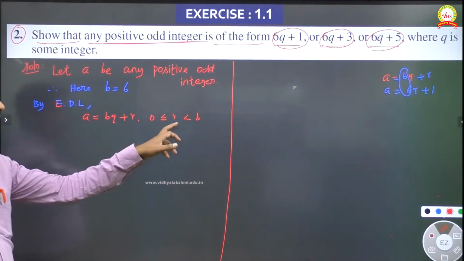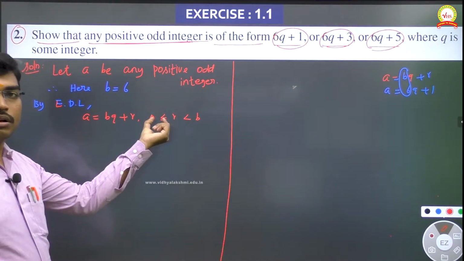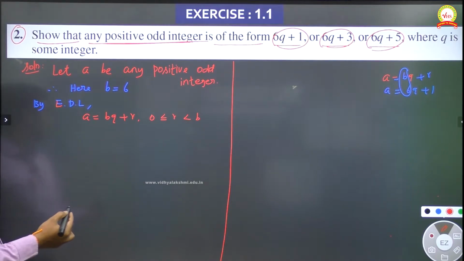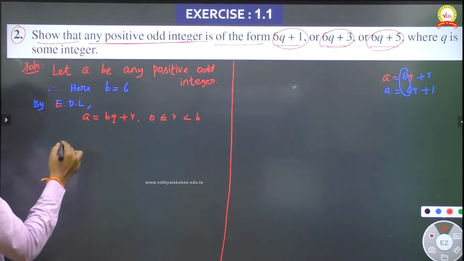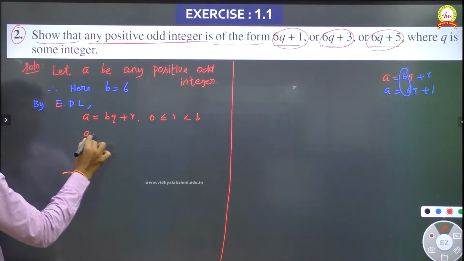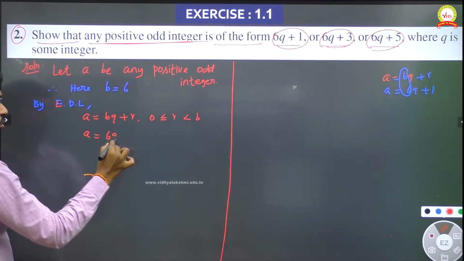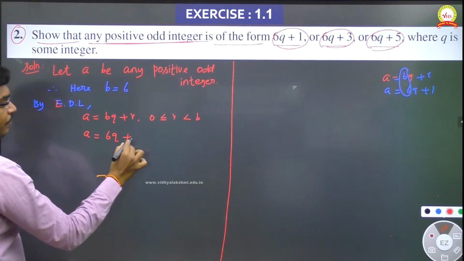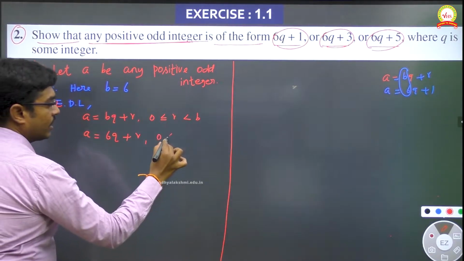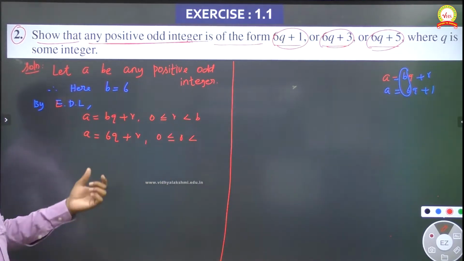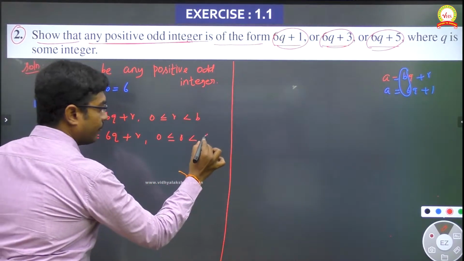So this is the condition for the remainder, 0 less than or equal to r less than b. Okay, already you know very well about the formula and explanation. So see this, what is the value of a? Don't know. And then b, substitute the value of b as 6, so quotient plus remainder, 0 less than or equal to r less than 6.